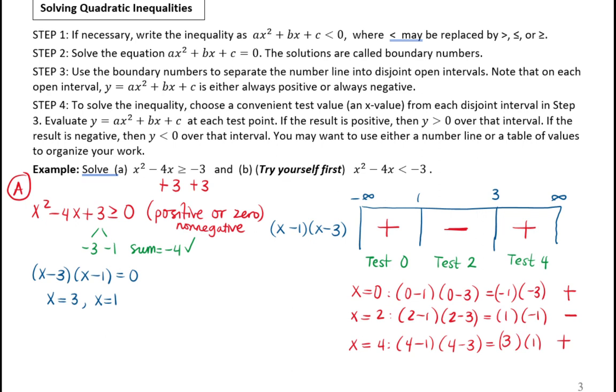So let's write our answer then. Let's just write it below. So we want: if x is less than or equal to 1 or x is greater than or equal to 3, then we have x squared minus 4x plus 3 greater than or equal to 0.